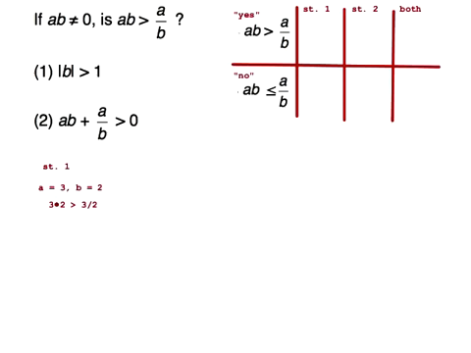That's true. So that is a check mark in the top box. But then if you just make A negative, that's negative 3 times 2, negative 3 over 2. So negative 6 is greater than negative 1.5. That's not true. So that checks out the bottom box. It's not sufficient.